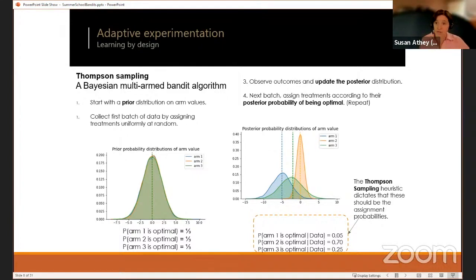Exploitation means I want to give people the thing I think is best today. So on average, it looks like arm two is best. So exploitation would say, I want to give everybody arm two. But exploration says, hey, there's some chance that arm three is actually a better arm. And I just have got bad luck with my initial draws of arm three.